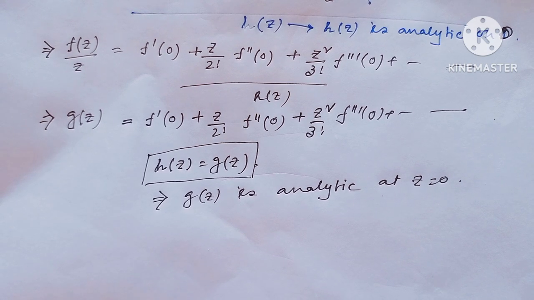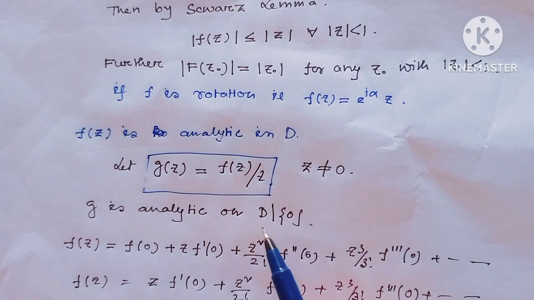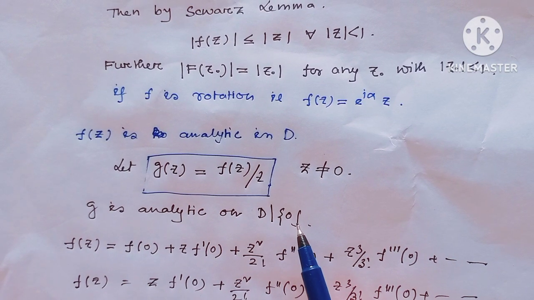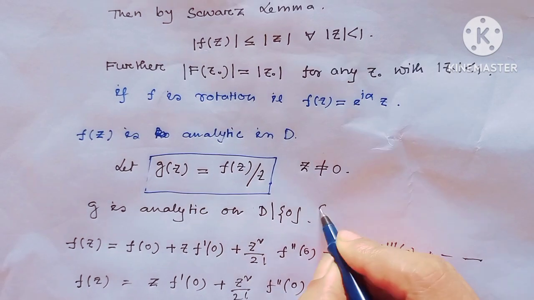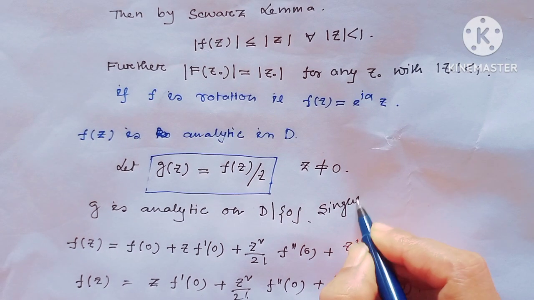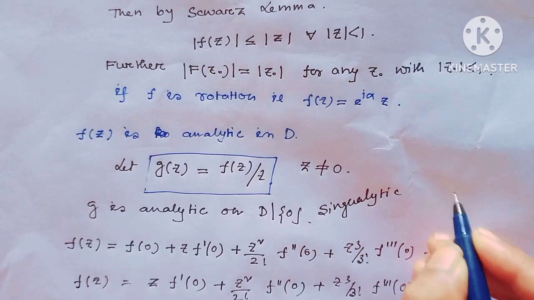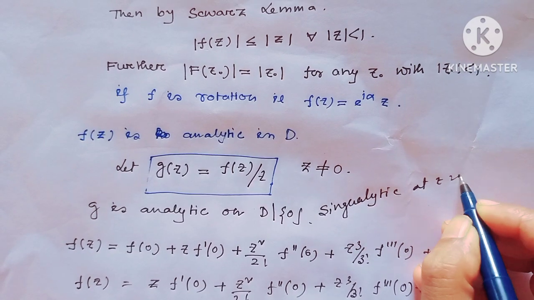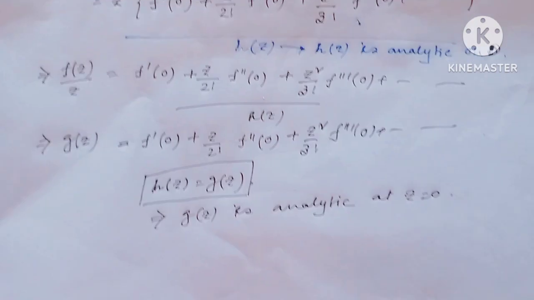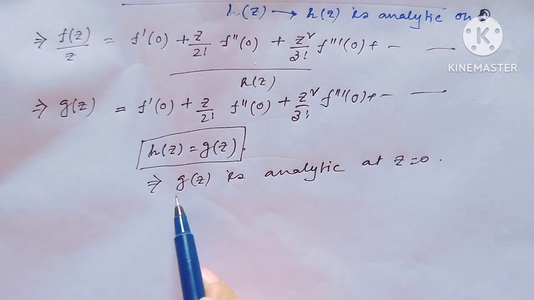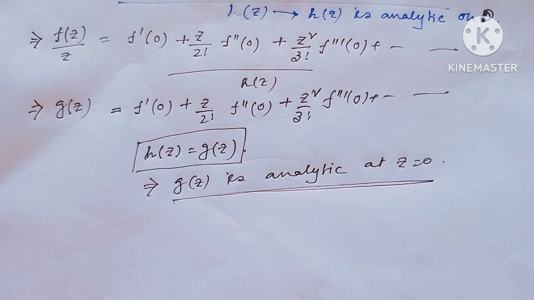this type of singularity. Since here analytic on D omitted with 0 means there exists a singularity at the point z equal to 0, but here I have also got G is analytic at z equal to 0.